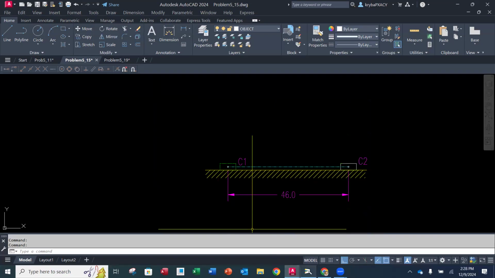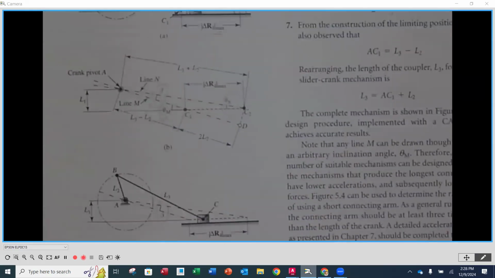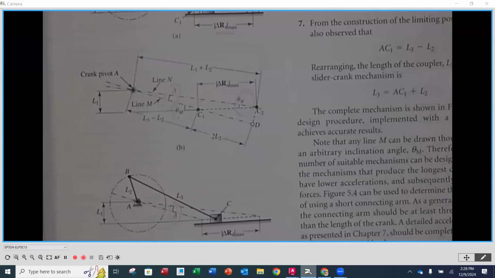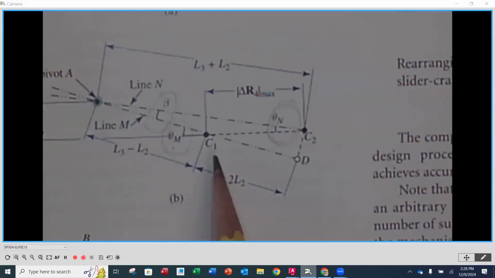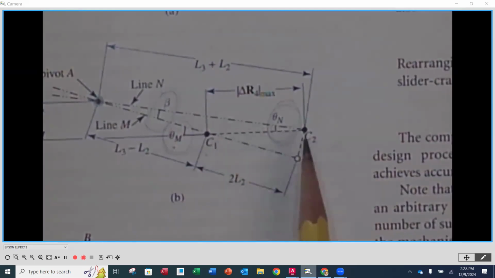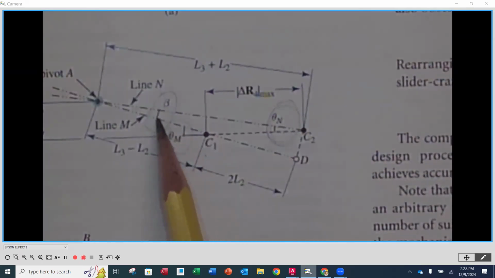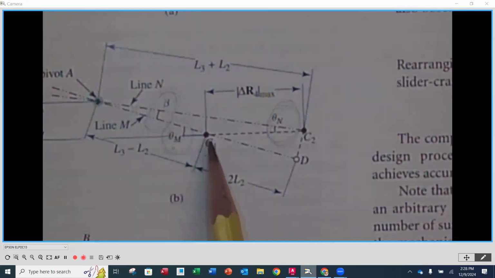Now, if I go back underneath here, we're going to go back to that illustration 5.5. Here's our C1 and here's our C2. So for our problem, this is the stroke. This is the 46 millimeters. Now, as we look here, our beta is the angle between the line A to C1 and A to C2.